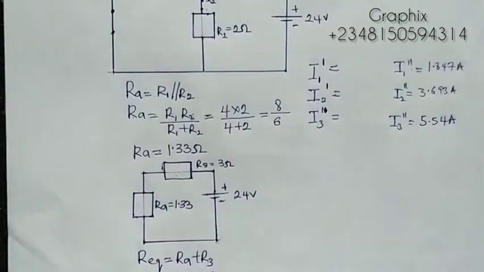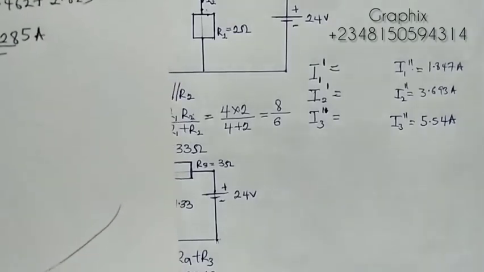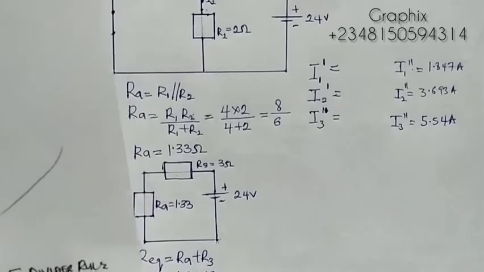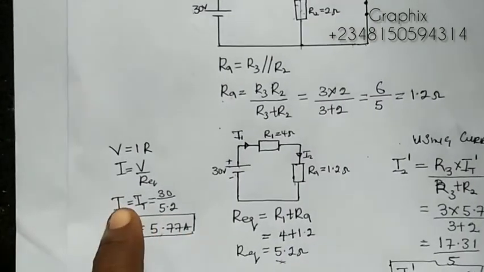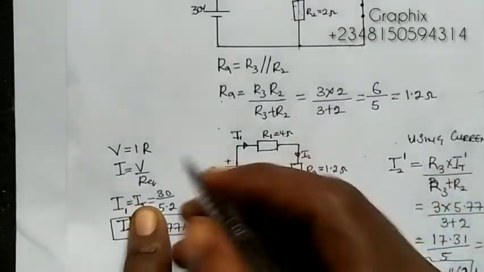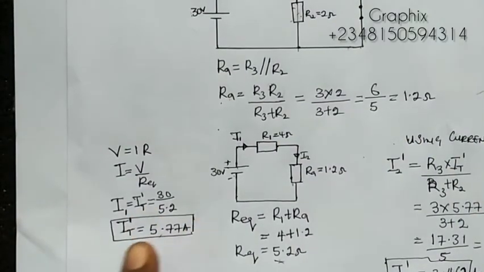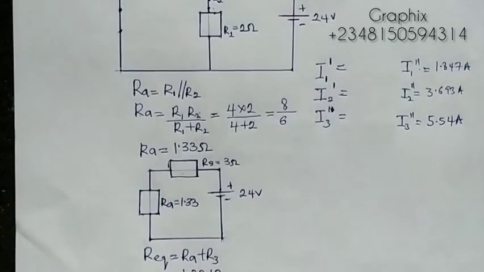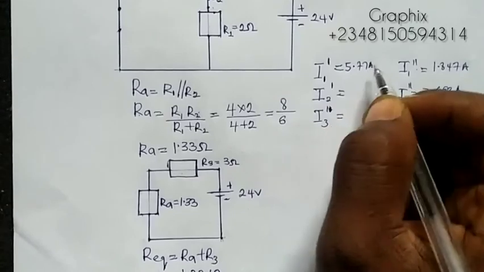The next thing we'll be looking for is I1 prime. If you look at what we've done before, I1 prime is what we calculated before. I1 prime, which is actually I total prime, will be 30 over 5, that will be 5.77 amperes.